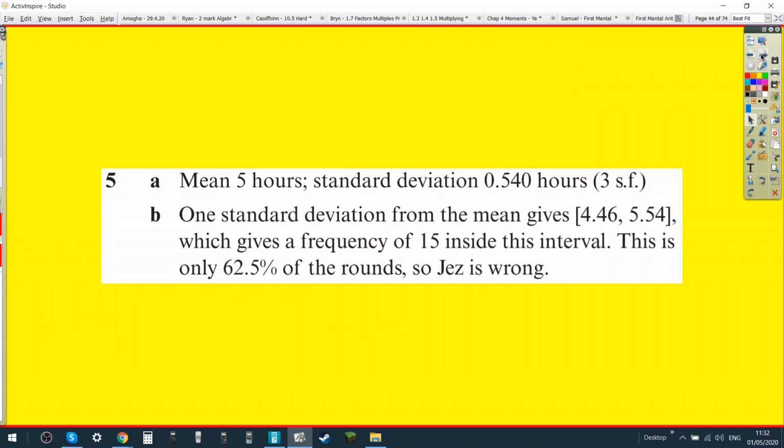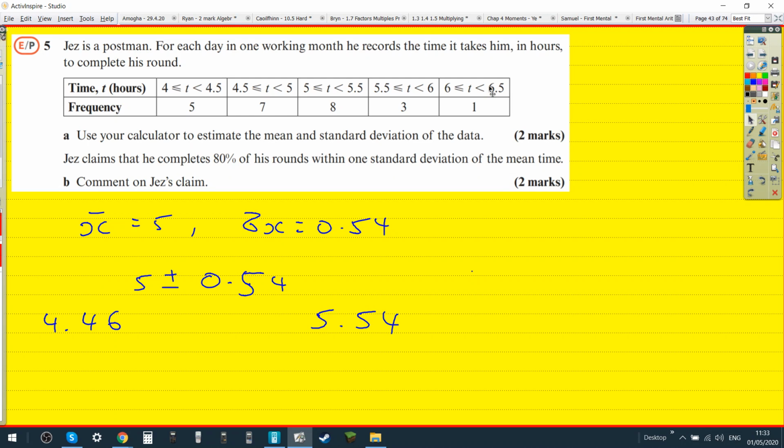Let me just see something. One standard deviation from the mean gives that and that, which gives a frequency of 15 inside the interval. This is only 16, so it's wrong. 4.46 to 5.54. I thought so. So 4.46, it's technically in there, but it's just at the edge.